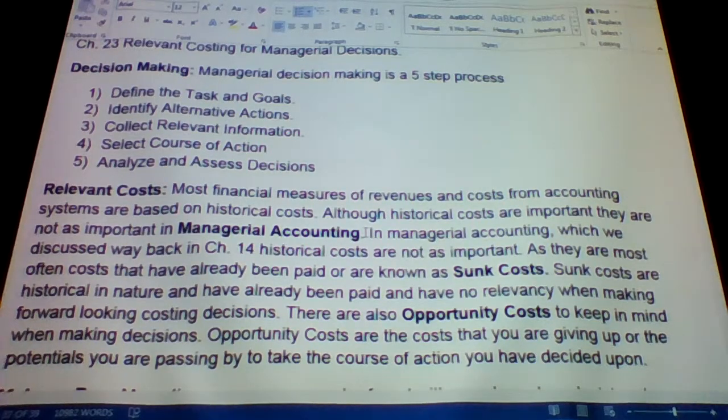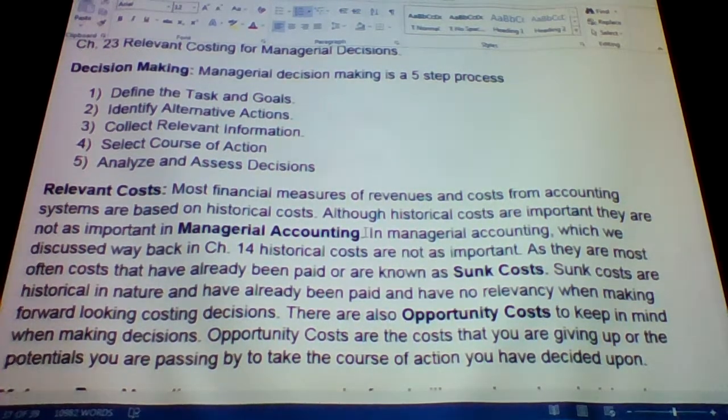So we're going to talk about relevant costs. Most financial measures of revenues and costs from accounting systems are based on historical costs. Now, I know you guys remember from way back in chapter 14, we talked about how managerial cost accounting is nothing like financial accounting, because in here we can play with all sorts of things.